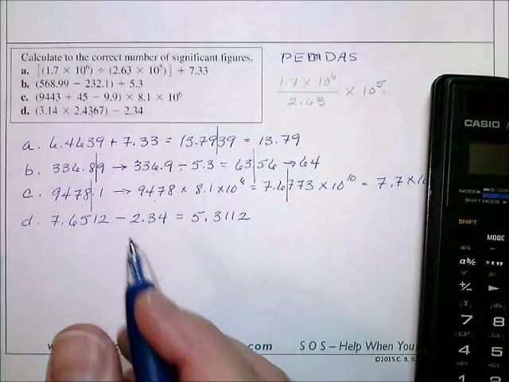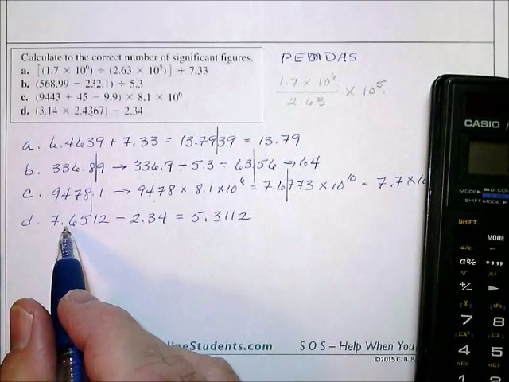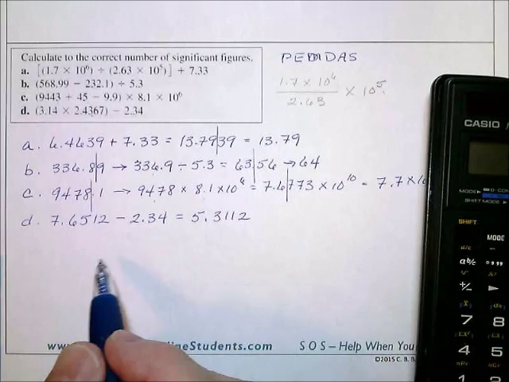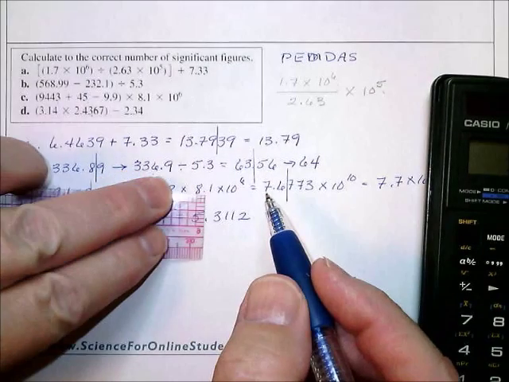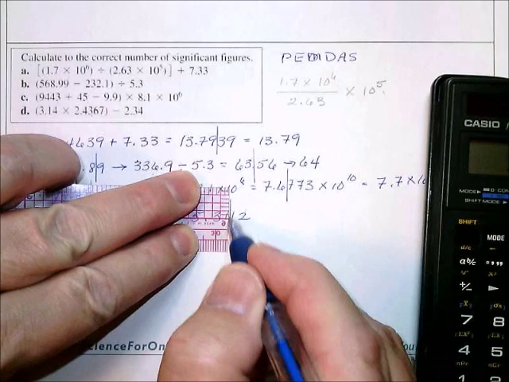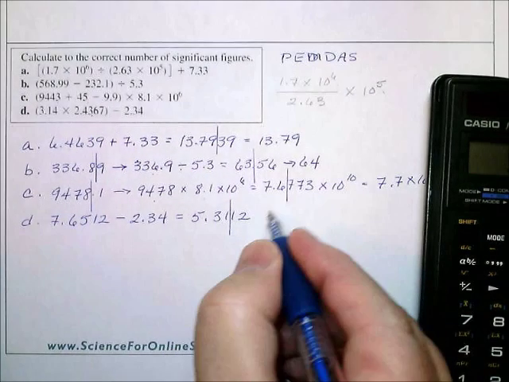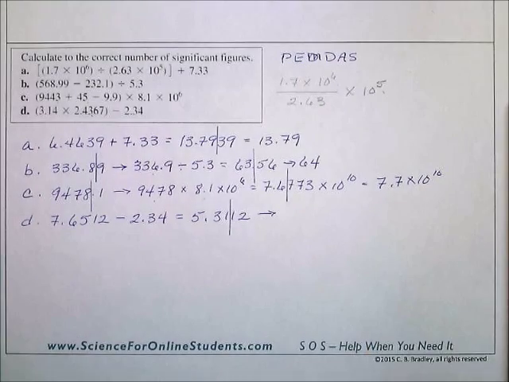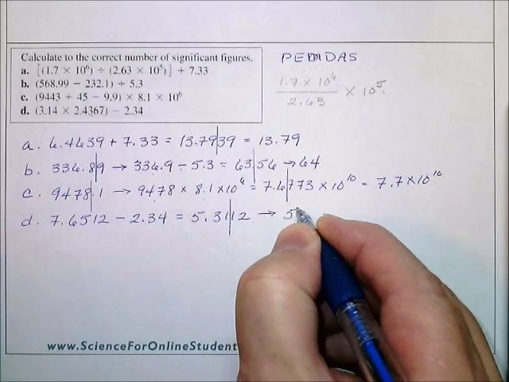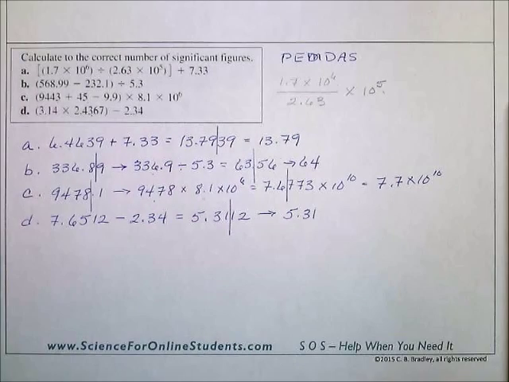Okay, I've carried four decimal places here, two decimal places here, so this difference is going to round at two decimal places, and so that becomes 5.31.